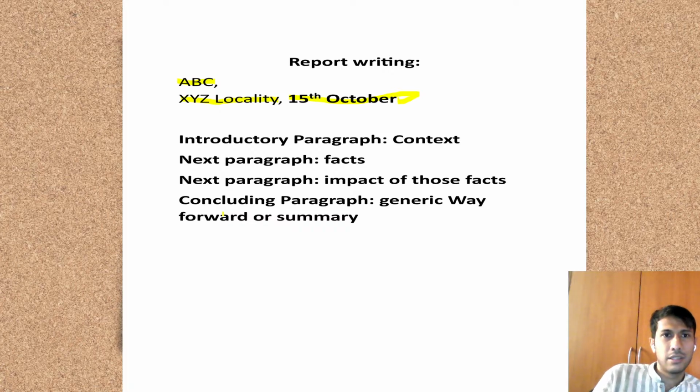Very simple. You start off with your name, that is ABC here, and the name of the locality, XYZ locality, and the date without the year, 15th October, 26th November, whatever you want. Now, the introductory paragraph should contain the context.